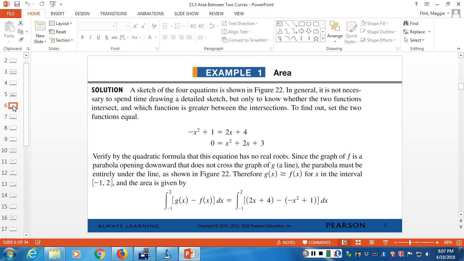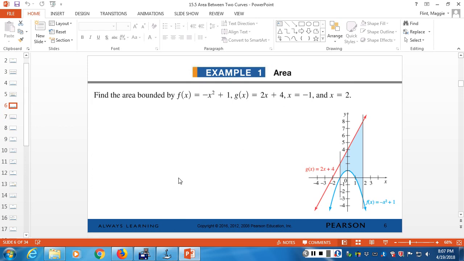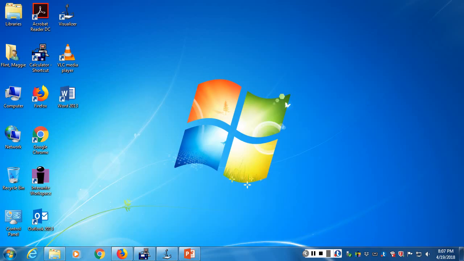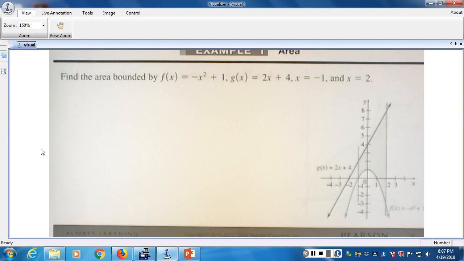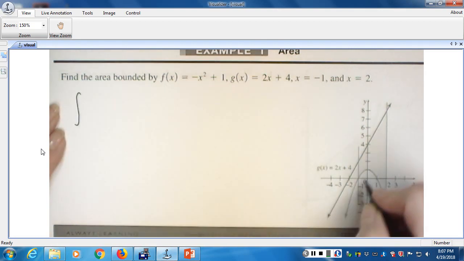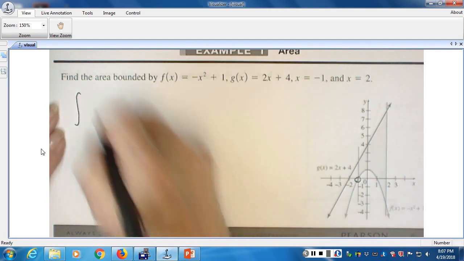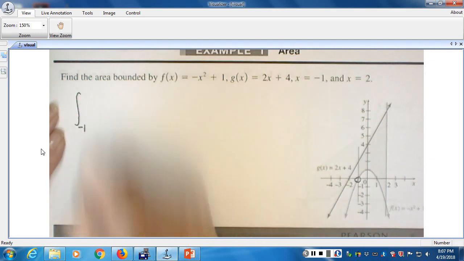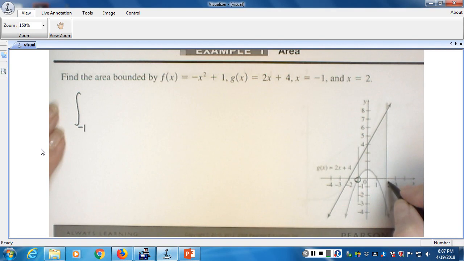And since we have the values of the functions, I'm going to actually go back and pull in the details of how that integration works. So when we set up this integration, we're going to go from x equals -1, which is right here, to x equals 2, which is right here.